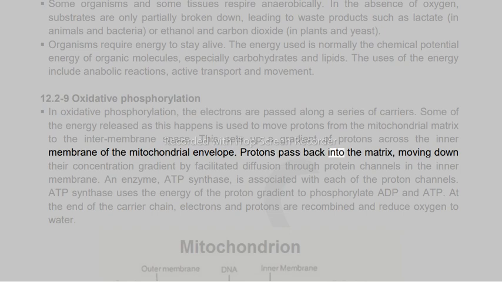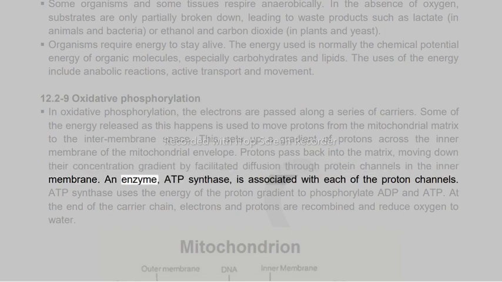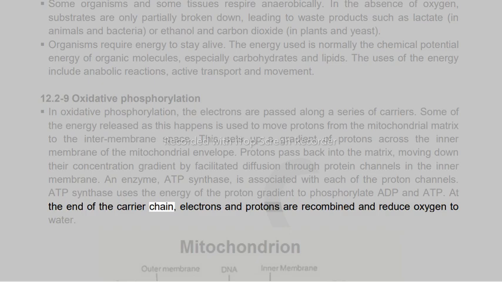Protons pass back into the matrix, moving down their concentration gradient by facilitated diffusion through protein channels in the inner membrane. An enzyme, ATP synthase, is associated with each of the proton channels. ATP synthase uses the energy of the proton gradient to phosphorylate ADP to ATP. At the end of the carrier chain, electrons and protons are recombined and reduce oxygen to water.